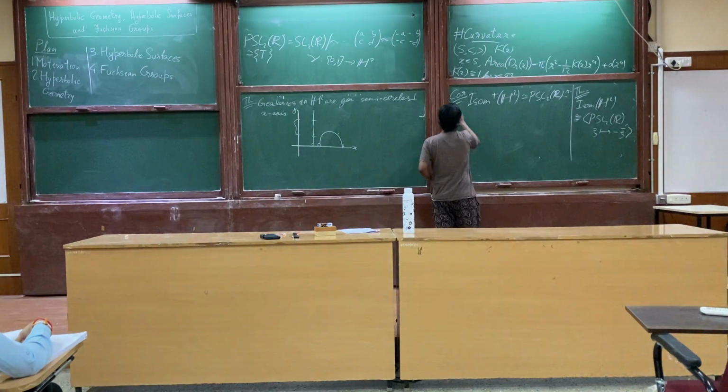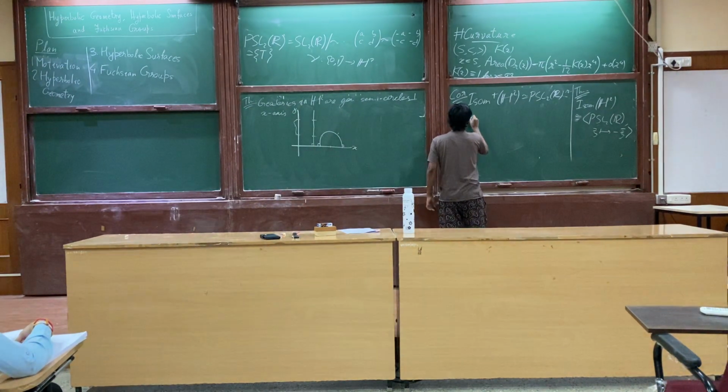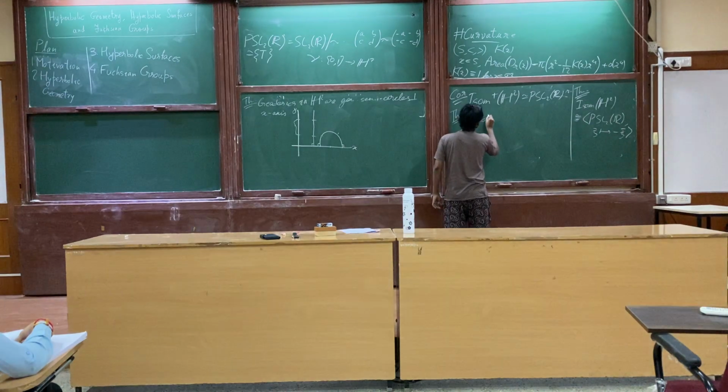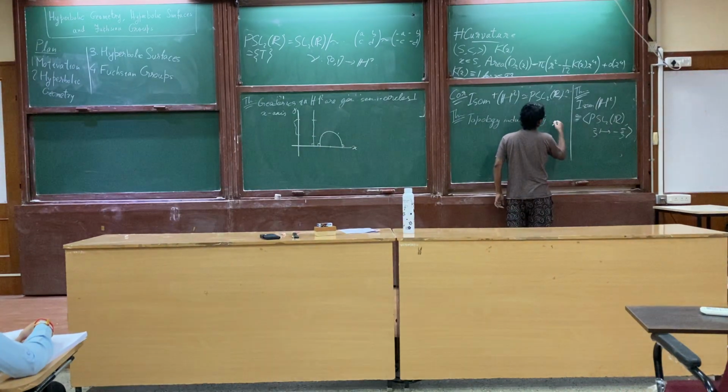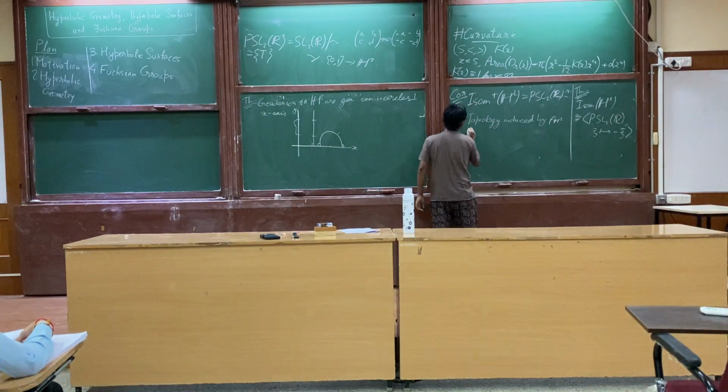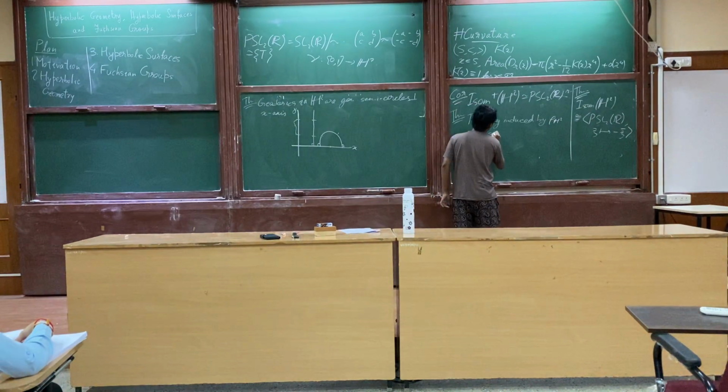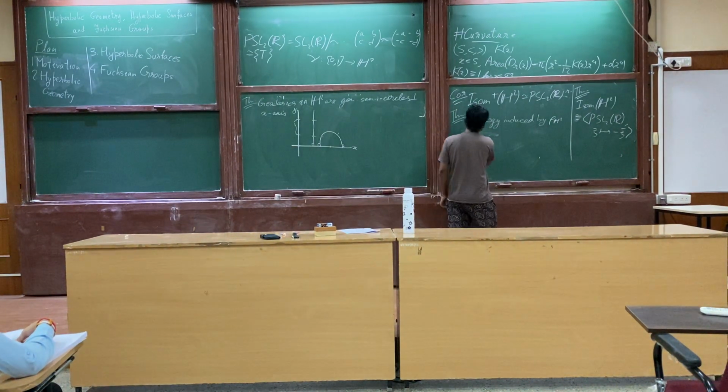Write that here. The topology induced by rho H2 is the same as, or rather, is homeomorphic to the Euclidean topology.